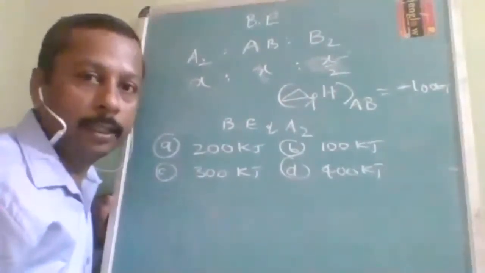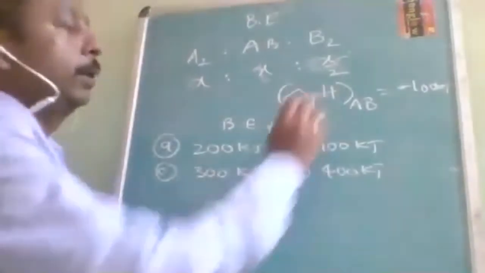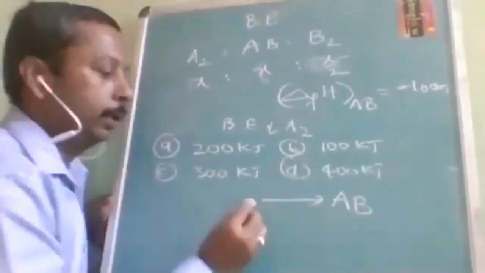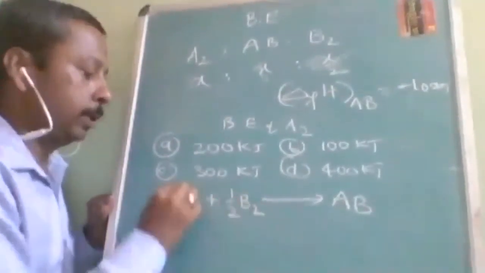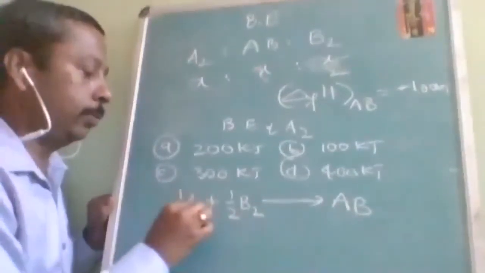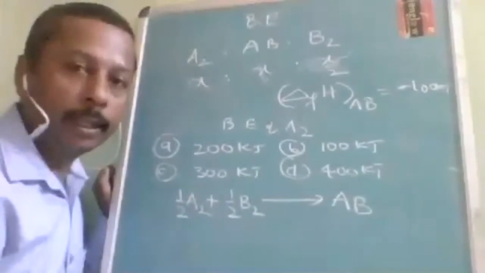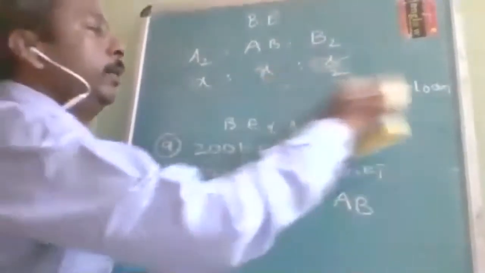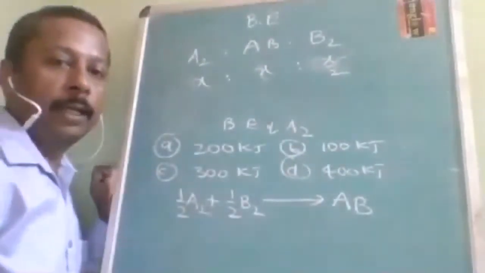Now the enthalpy of formation of AB is half B2 plus half A2. Is it understood, students? In the theory class I told you, in terms of bond energy, what is the formula? Bond energy of reactants minus products.